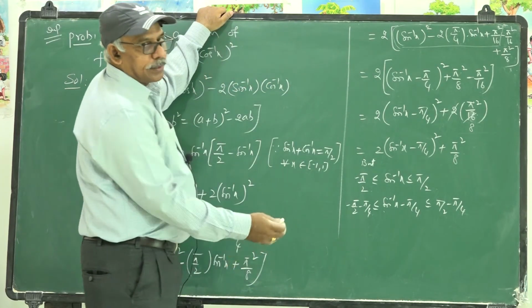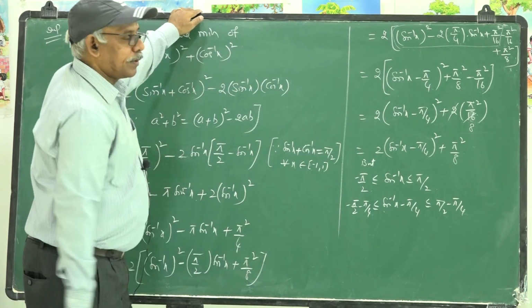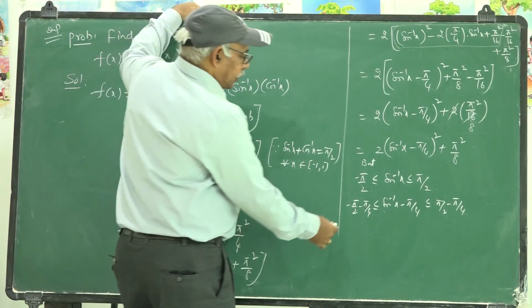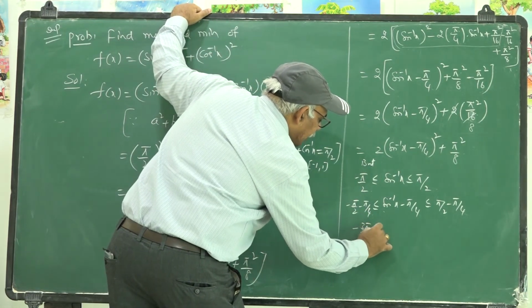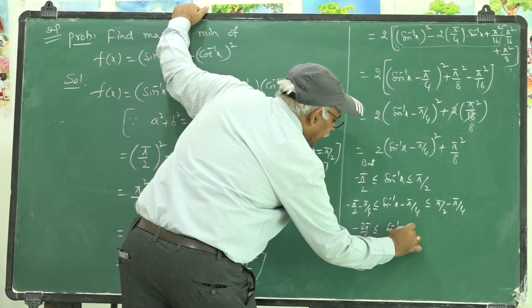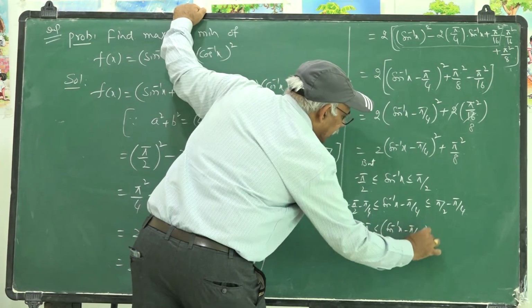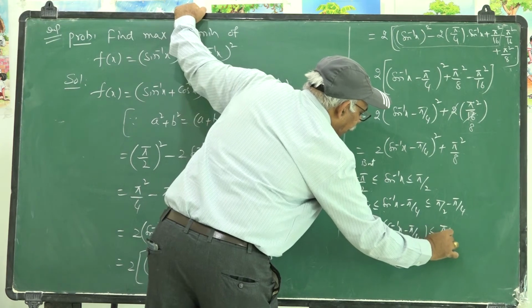I am subtracting pi by 4 throughout the inequality. Hence, this is minus 3 pi by 4 is less than or equal to sin inverse x minus pi by 4 is less than or equal to pi by 4 itself.